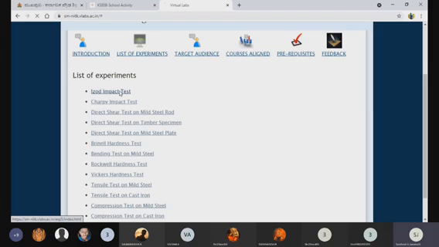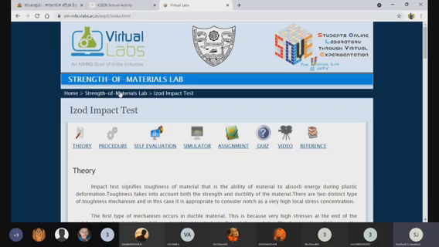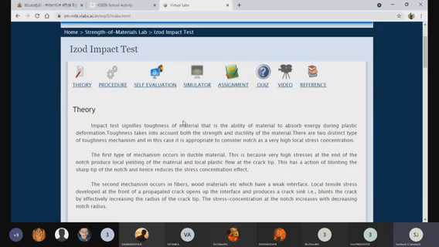So now I will click on the Izod impact test, and here in the impact test we have two methods or two procedures which we can perform. One is Izod, the other one is Charpy.